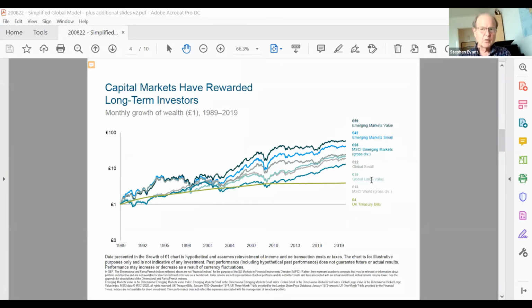But if you can acquire those assets at a lower price, and those assets in due course perform according to market rates of return, then you would have gained an added premium or benefit from doing that.